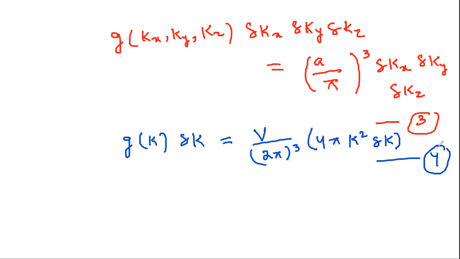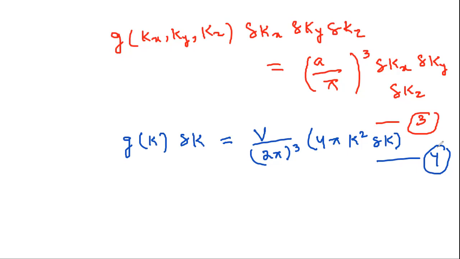Where the left hand side in this equation 4 represents the number of k states with values of scalar k between k and k plus delta k.